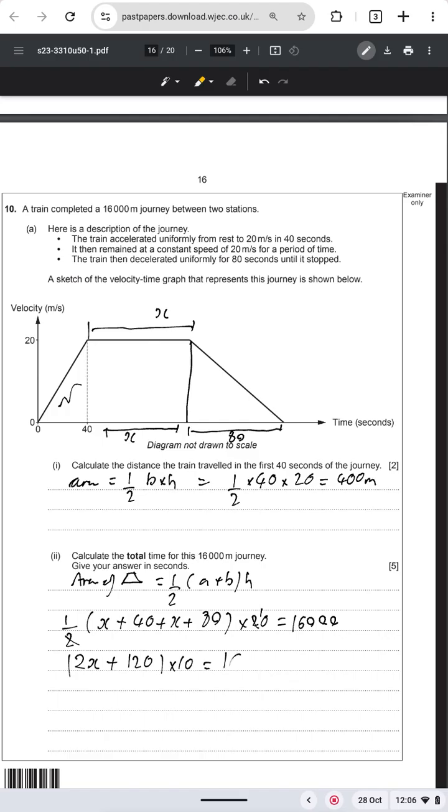So we have 20x plus 1,200 is equal to 16,000.